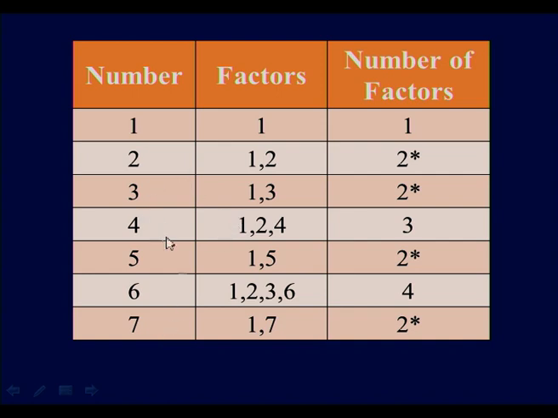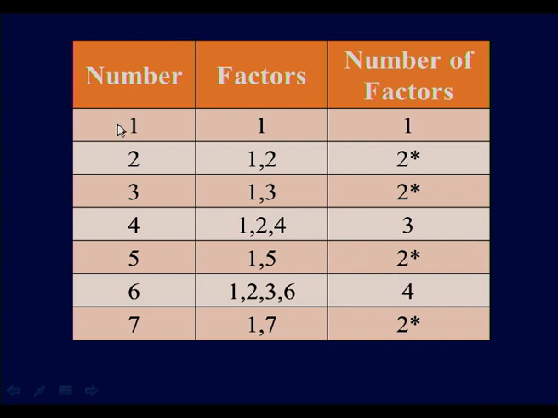Next, 4 and 6 have more than 2 factors other than 1 and itself. And those factors as you can see here, 4 has factors 1, 2, 4, that is 2 is an extra factor here other than 1 and 4 and in factors of 6, 2 and 3 are the extra factors other than 1 and 6. So, you can conclude that 4 and 6 which are having more than 2 factors are called composite numbers.